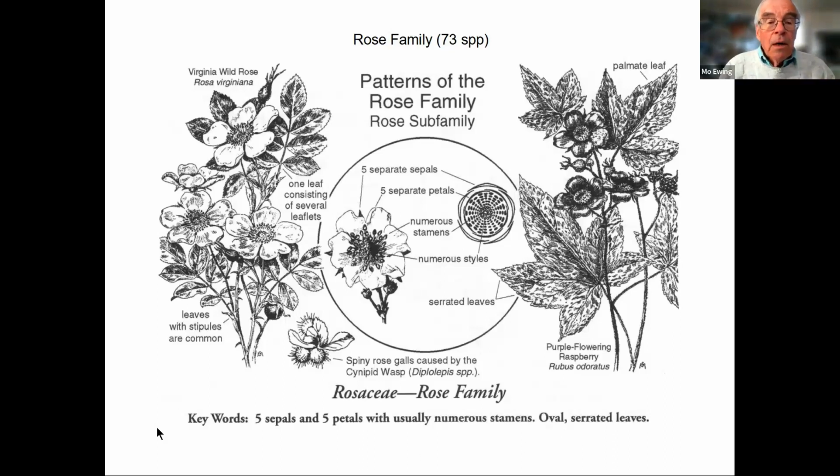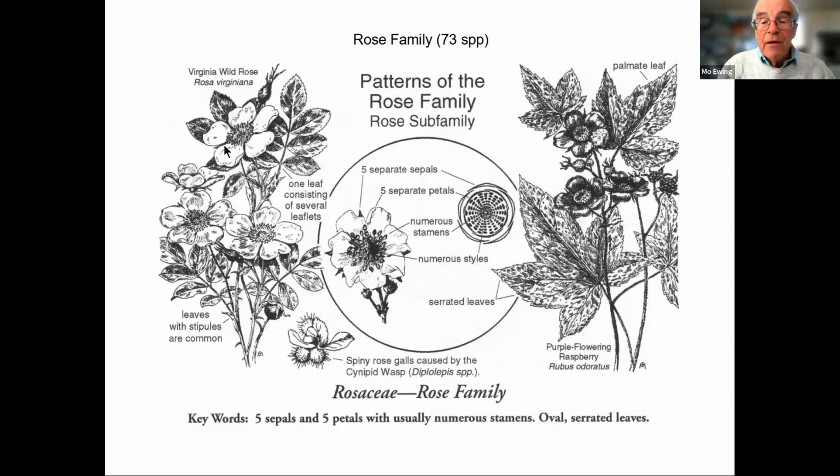In the rose family, I hate to tell you this, but whenever you see "usually" put in front of something, it means that it doesn't always occur that way. So the plants usually have 5 petals. Here they are, 1, 2, 3, 4, 5.